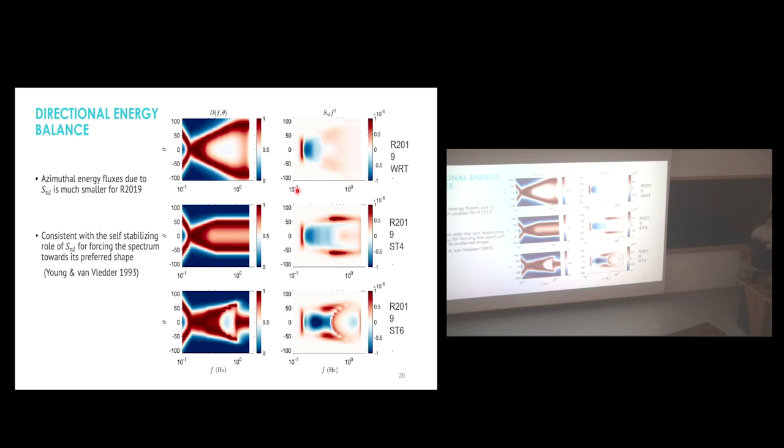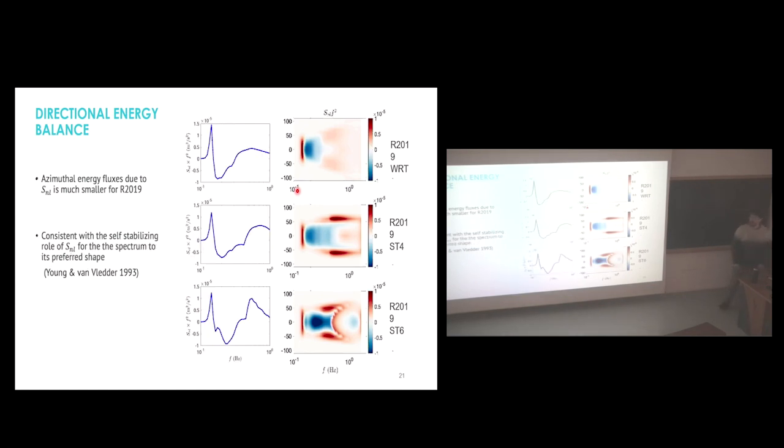The interesting part is if you integrate the nonlinear transfers in azimuth, the magnitude for all three is about the same. So in 2D, you have a discrepancy of a factor of 10, but you have positives and negatives that sort of cancel out. So in azimuth integrated, you end up with that.